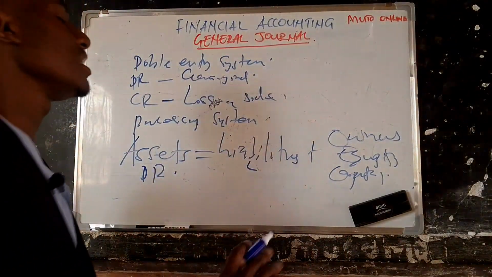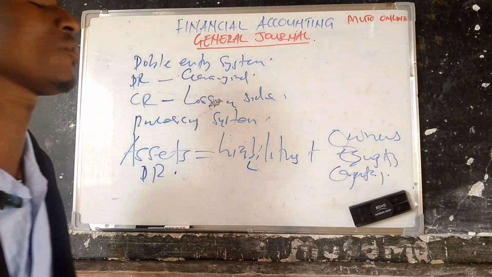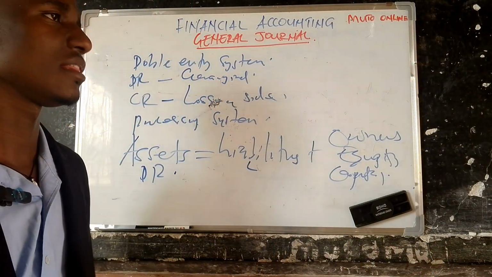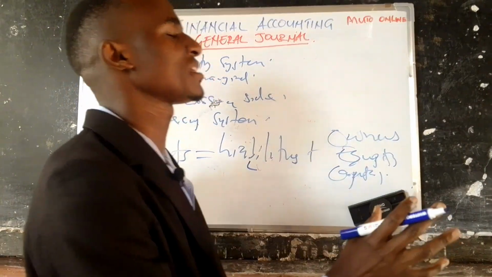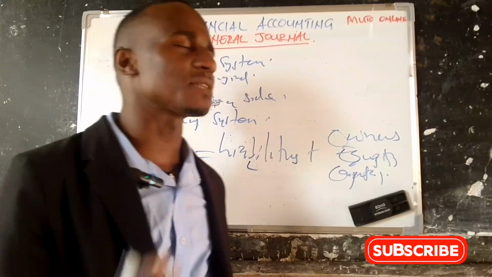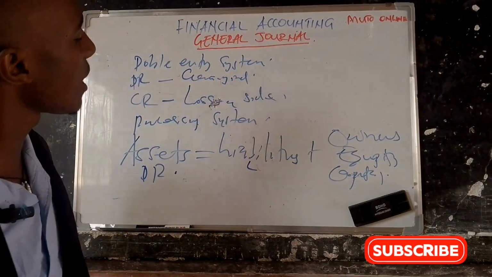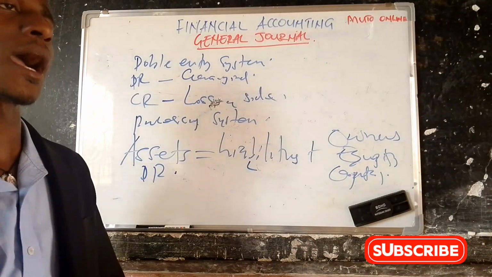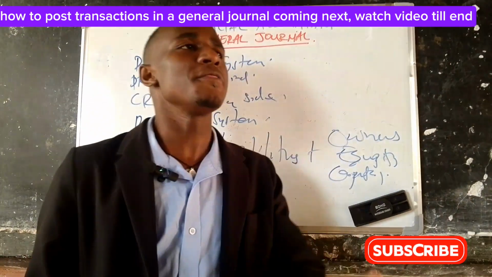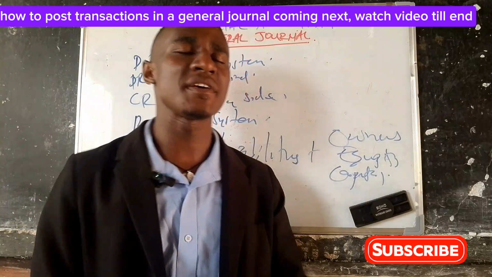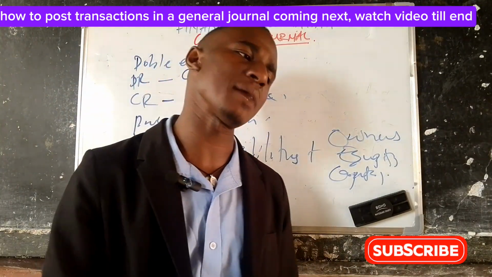Unless otherwise, in a few circumstances where we see a decrease in liability, that is posted on the debit side of a cash book, or a general journal, or another financial statement. And then capital is all about what an investor or an individual invests at the start before starting up a business.